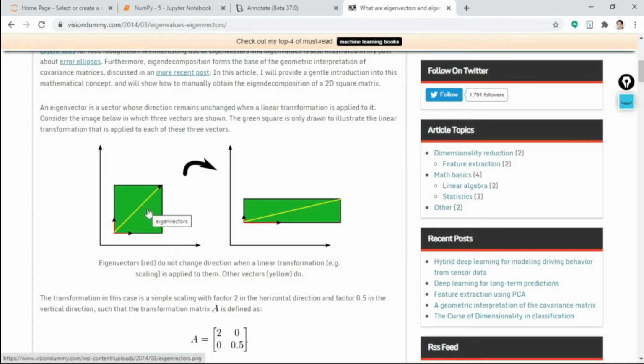There are changes on the yellow line, but the eigenvectors do not change direction during a linear transformation or the scaling. So I will discuss only how to derive a 2 by 2 matrix's eigenvectors and eigenvalues. So for this one, 2 by 2 only. If you want to learn 3 by 3, maybe you consult me.